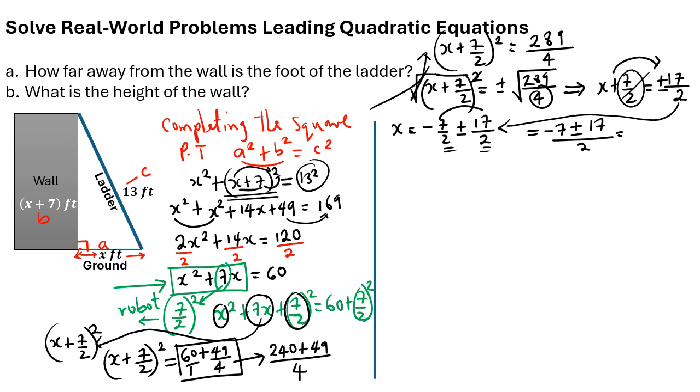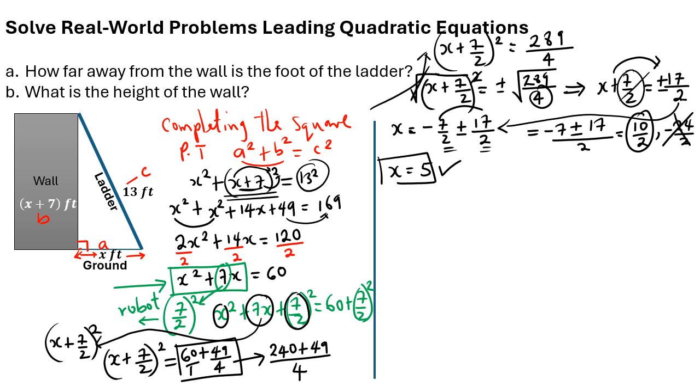We know that negative 7 plus 17 will be 10 over 2, and then negative 7 minus 17 will be negative 24 over 2. Since we have a real-world problem, this result here is negative 12, so that would not work. And then here we have exactly 5, because 10 divided by 2 is 5. So x equal to 5 is what we need to use here.